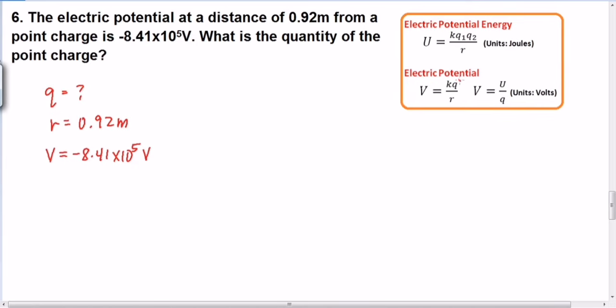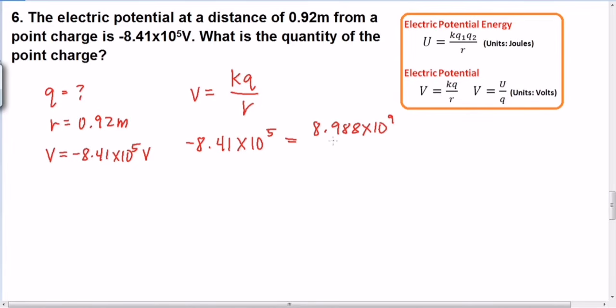So, ang magagamit nyo dyan ay ito. Tama? May V tayo, may K, constant yan. Yung Q, yan yung hinahanap, and then yung R, given din ito. So, pwede natin gamitin V is equal to KQ over R. Yung V na binigay, salpak nyo lang dyan: negative 8.41 times 10 raised to 5 is equal to, yung K is 8.988 times 10 raised to 9, and then yung Q natin, yan yung hinahanap.